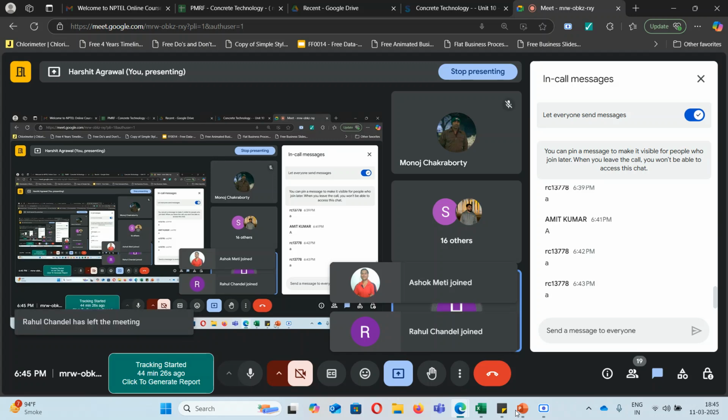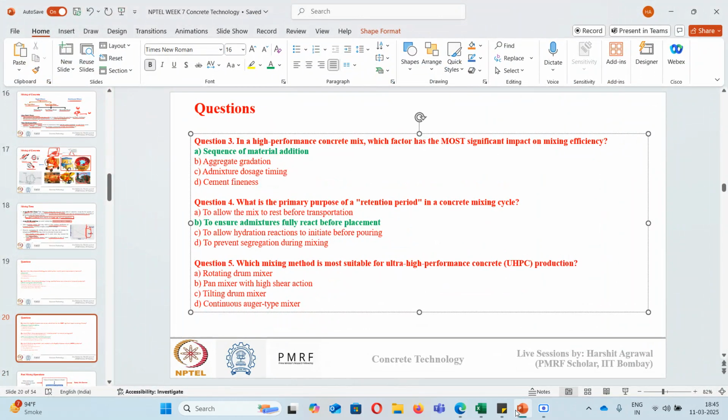So can anyone answer this question? Fifth question: which mixing will be suitable for ultra high performance concrete? Most suitable.